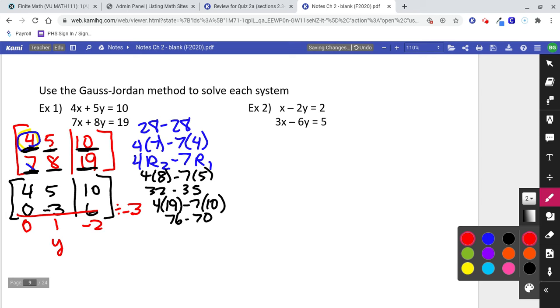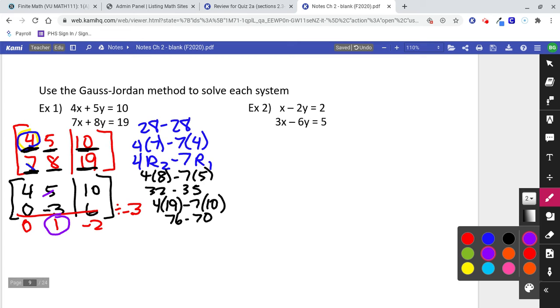Okay? Now, here's where it's going to be different than Echelon Method. Echelon Method, you took that y equals negative 2 and you plugged it in above. Okay? And I know you could do that right now, but that's not Gauss-Jordan. Gauss-Jordan wants another 0. Okay? Gauss-Jordan wants a 0. So what we're going to do is we're going to take this number right here and use it to knock out that 5. Okay? We're going to use another rule to knock out the 5 with the 1.